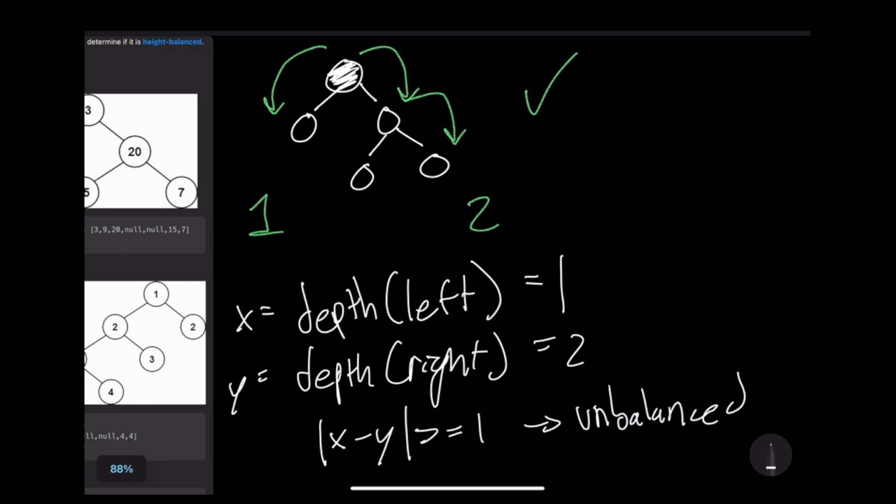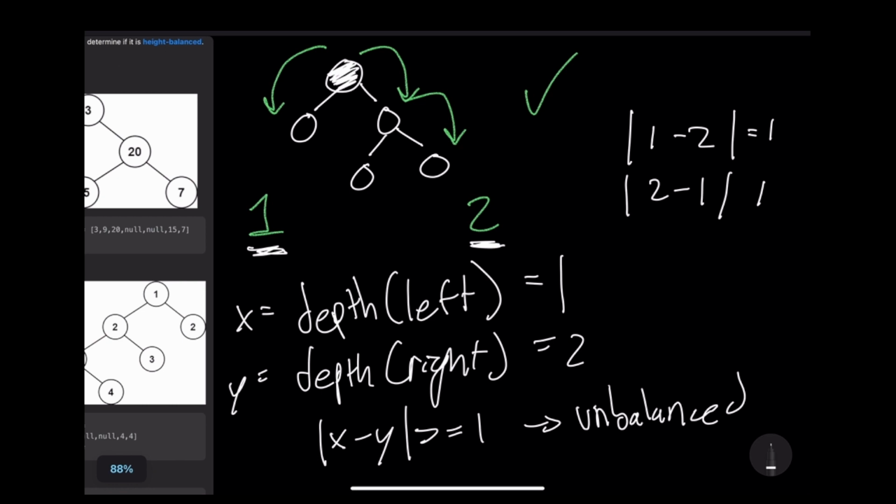Hopefully that makes sense. What I'm saying here is, if we calculate the depth of the left side and the depth of the right side, they can't differ by more than 1. So if we subtract them and then take the absolute value, because we don't know which order we're going to be in, whether we do 1 minus 2 or 2 minus 1, by taking the absolute value, these both equal 1.